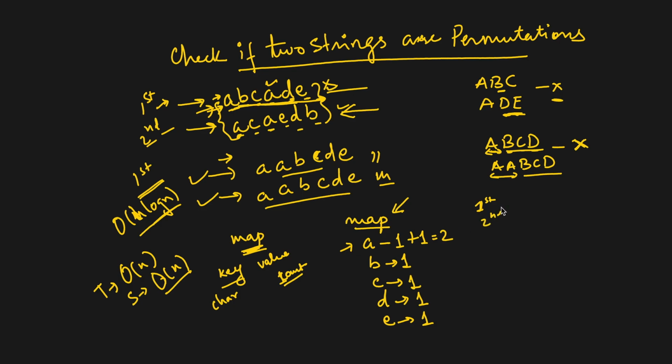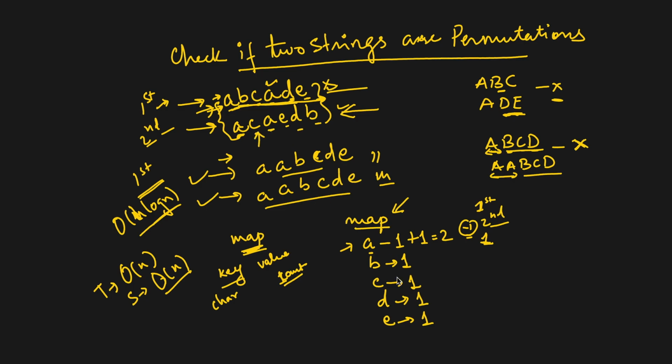And second, once we find a character in the map, we'll reduce the count. So let's see that. First is a. a is there in the map, so now we'll reduce the count of a. Right now the count is 2, we'll do minus 1, so now the count is 1.